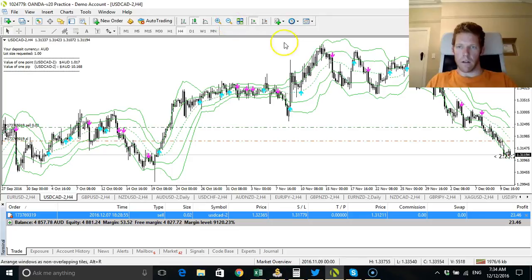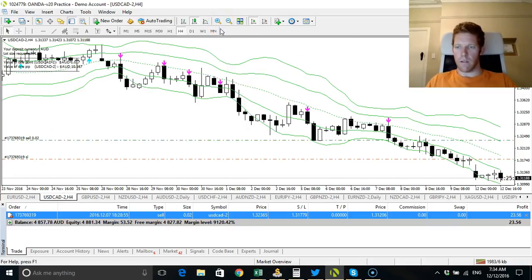Right here is a sideways type market, a little bit of a fake out, back up, down, back up, down, and then it gives way to that downward pressure. That's my little 2 cents on what's going on here.